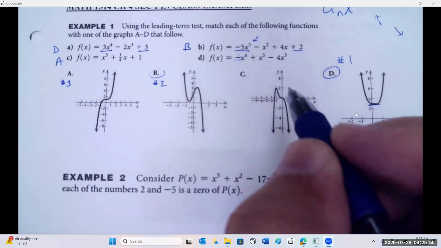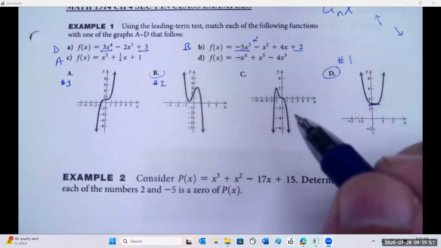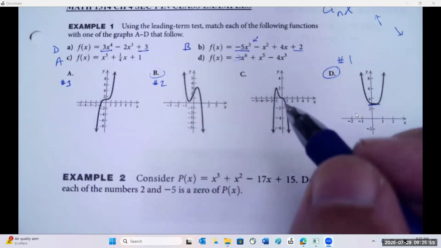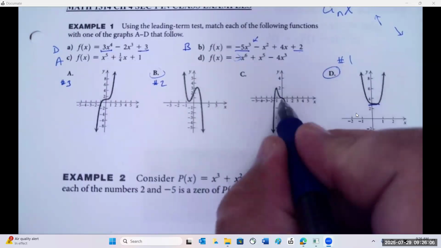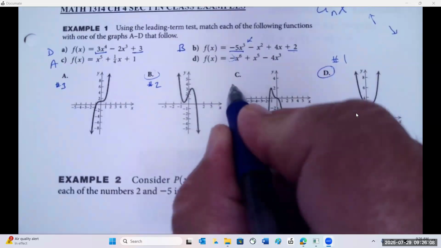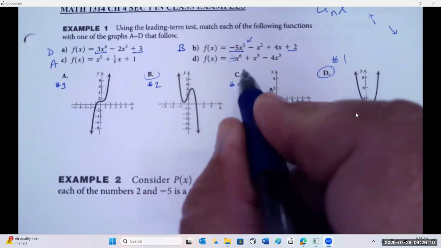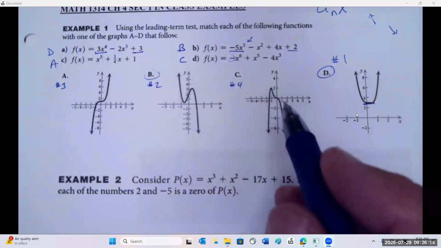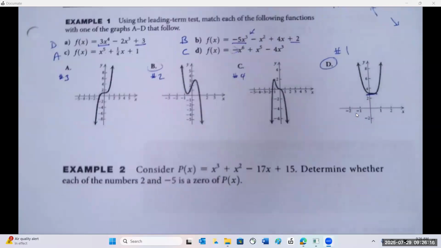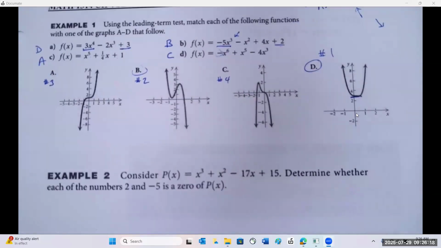Where's the y-intercept? Nope. Is there a constant? Yeah, it's 0. So it goes through the origin. So this is number 4. Both ends point down. Just by looking, we did 0 math. We just did observation, and we could do that much already.